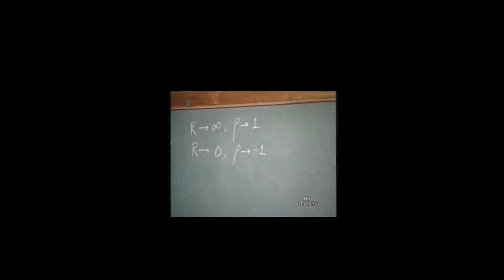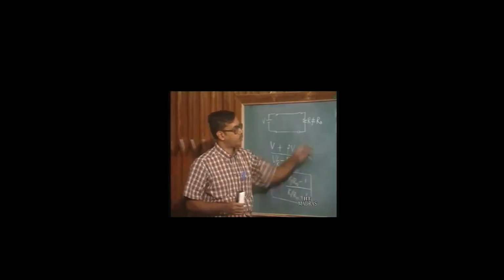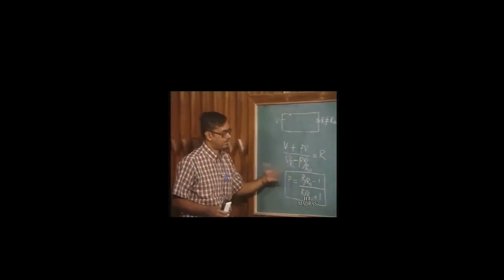So, these are the extreme values of rho. Rho can lie between minus 1 and plus 1, and for all intermediate values of R, rho will lie somewhere between plus 1 and minus 1.